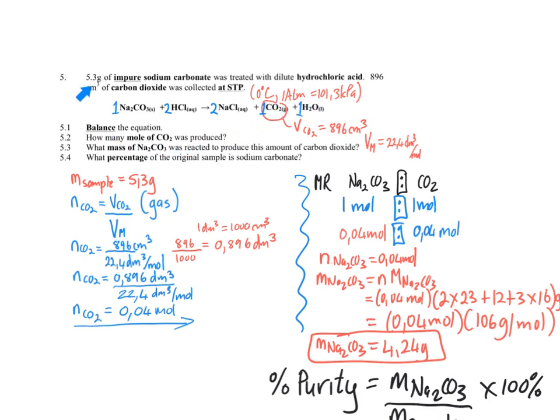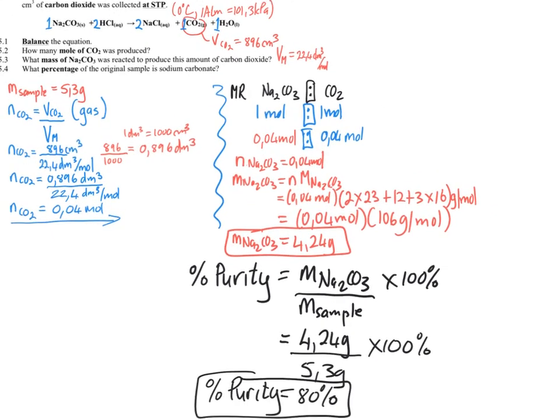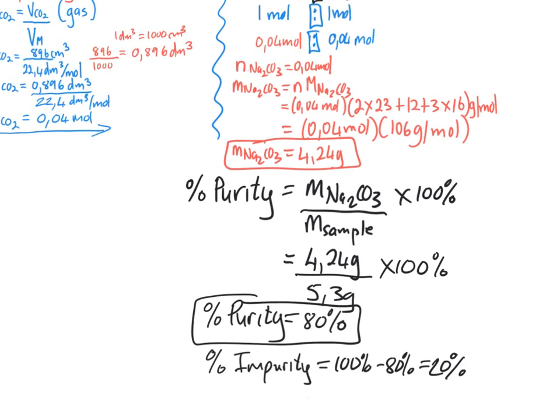You will invariably be given the mass of the sample, and then working backwards from the product side to the reactant side, you will work out how much of the pure reactant was required to produce whatever product you were given, and then relating that to the mass of the sample, you're then able to get the percentage as was done here. So I hope that this has helped you to gain an insight in how to solve percentage purity problems as well as percentage yield problems.